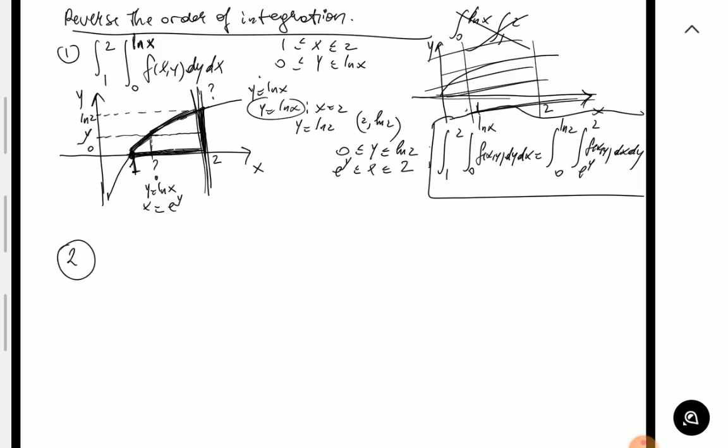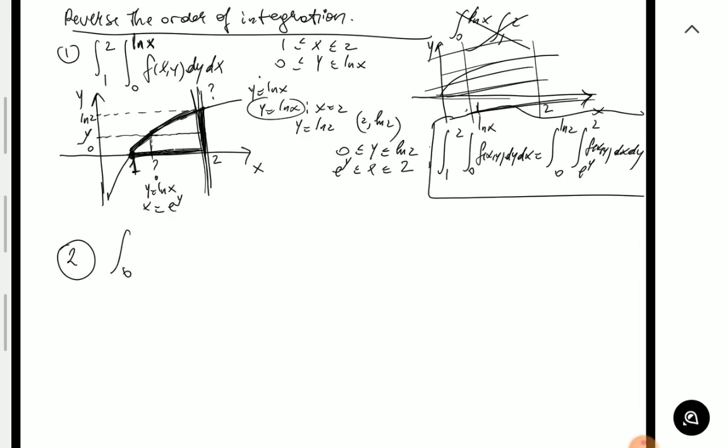And one more. Let's do another one. Let's do one that is type 2 first.